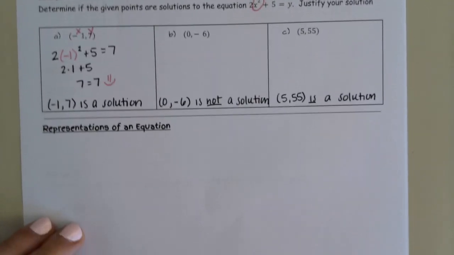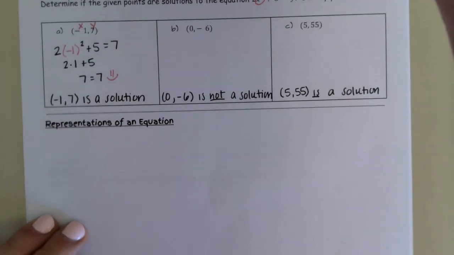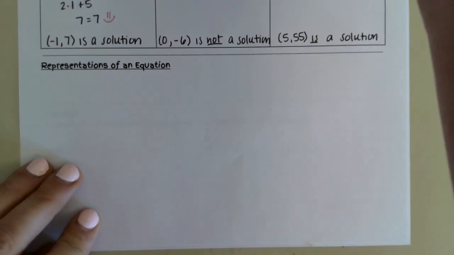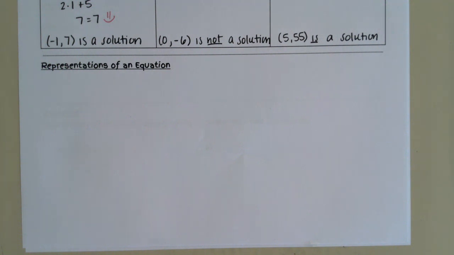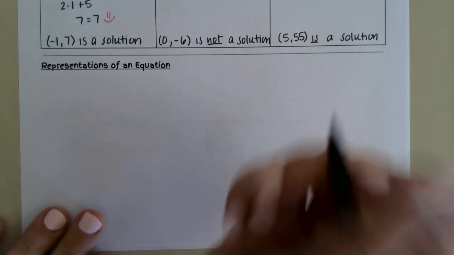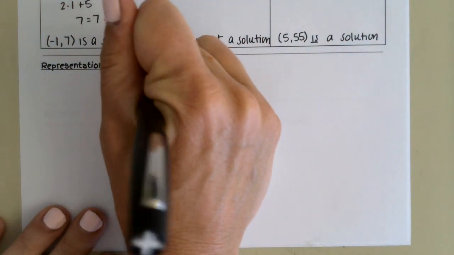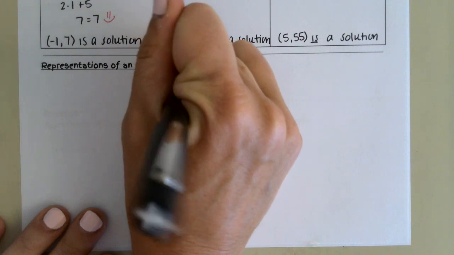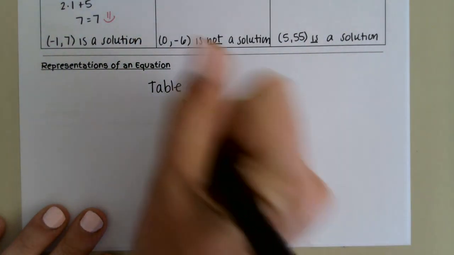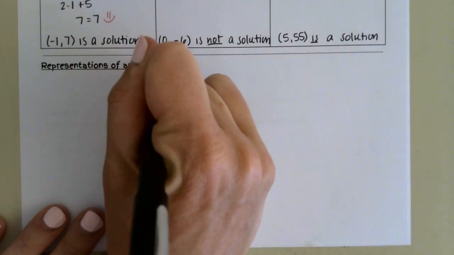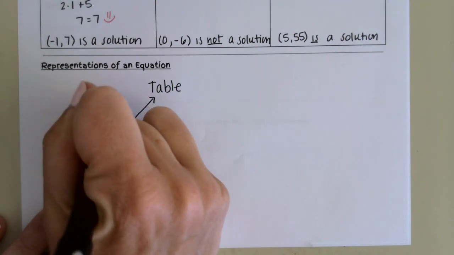Okay, so we're going to ask you to represent in this class many different types of equations. We're going to ask you to represent lines and parabolas and a couple others that we'll learn throughout the year. Remember, every equation can be represented in multiple ways. You could make a table of the information. Okay, you could make it an equation.